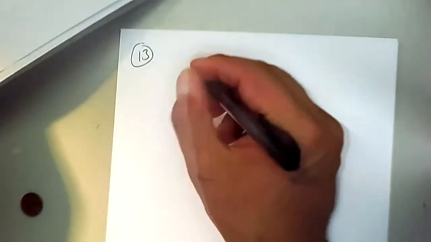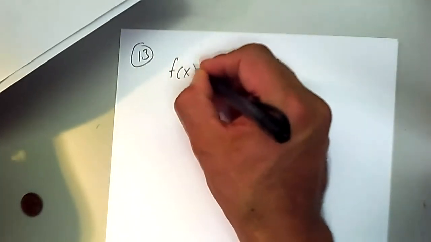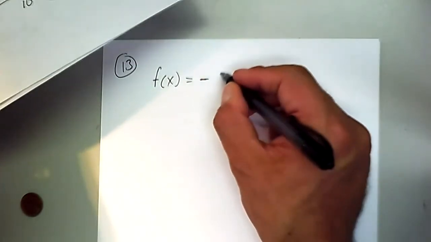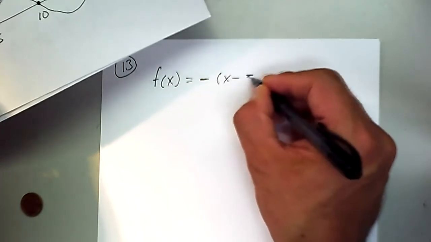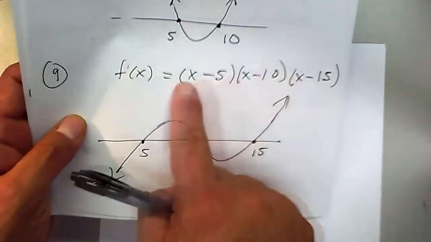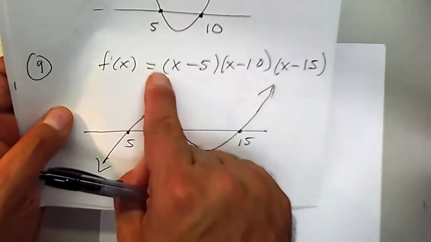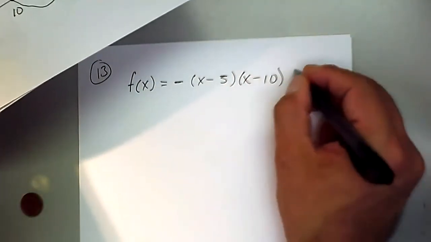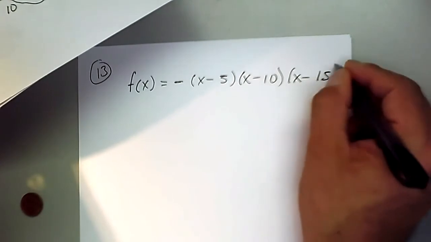I'm going to copy this, but I'm going to change it. We're going to put a negative on it. X minus 5. So the same function, except that we're going to add an extra negative in front of the whole thing. X minus 10, x minus 15.